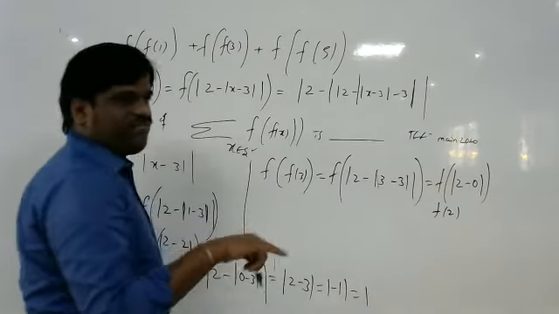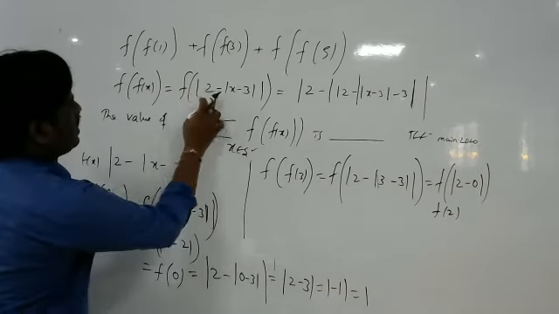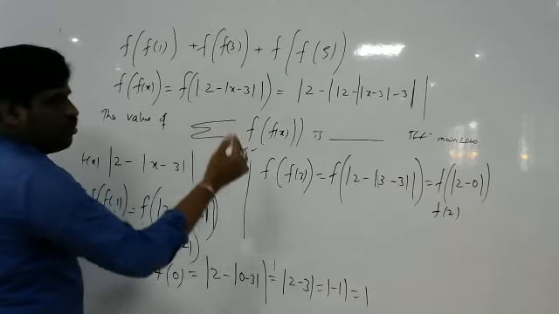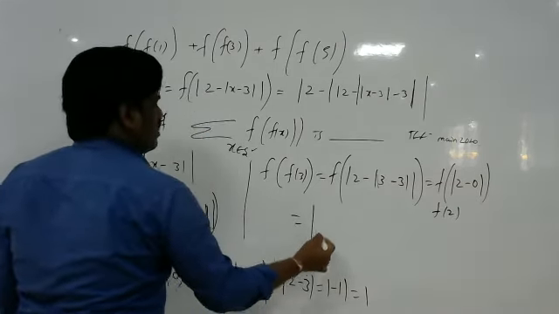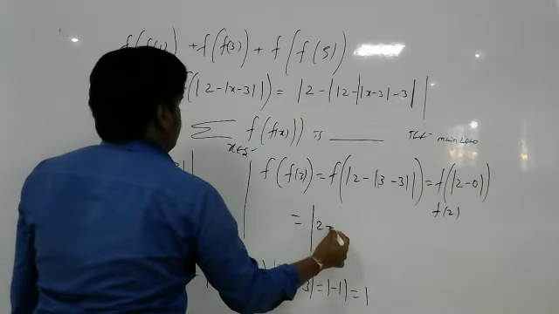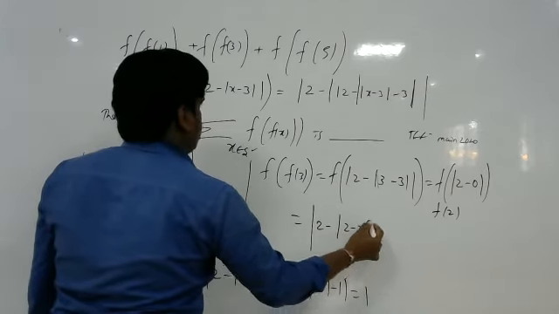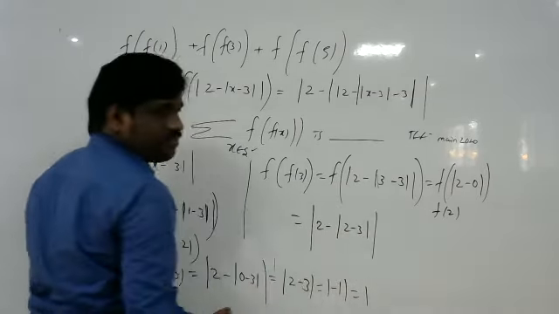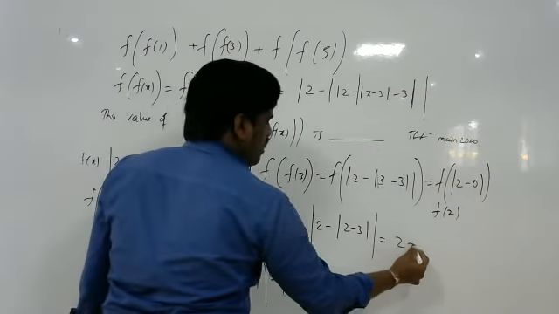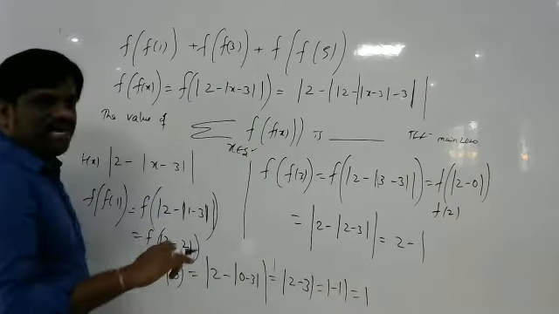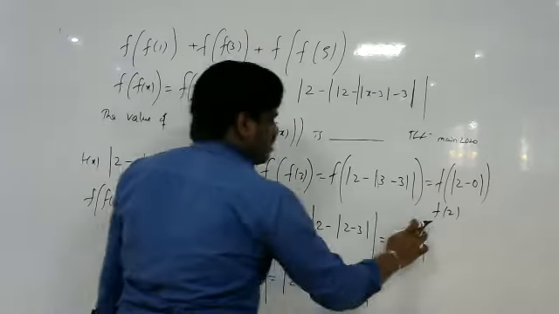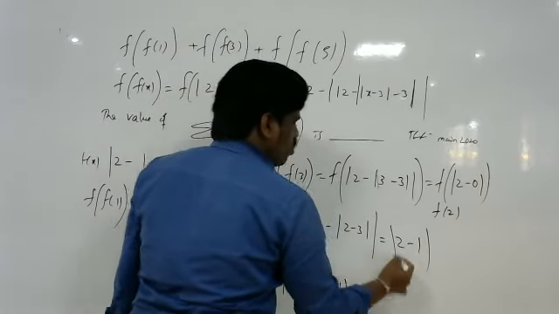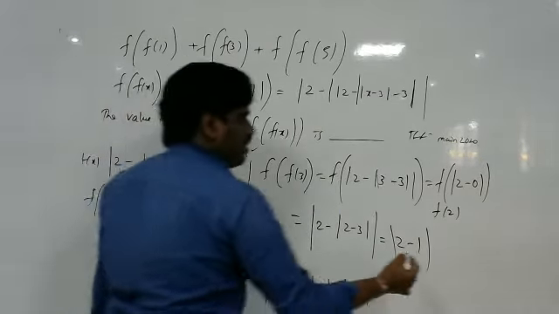So I have to find f of 2. F of 2 means again in the place of x I substitute 2. What do I get here? Modulus of 2 minus mod of 2 minus 3. 2 minus 3 is minus 1, modulus of minus 1 is plus 1. So 2 minus 1 is 1.